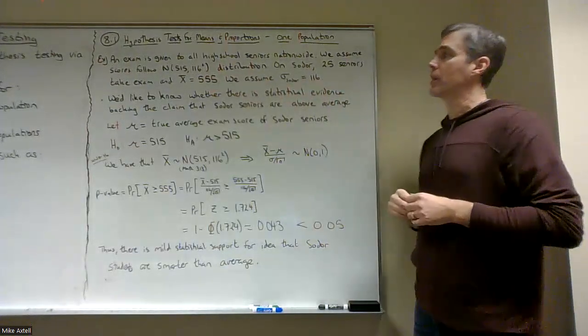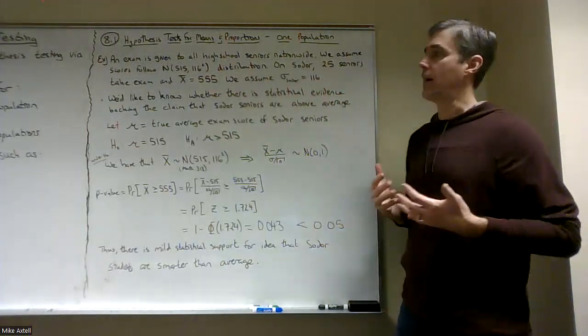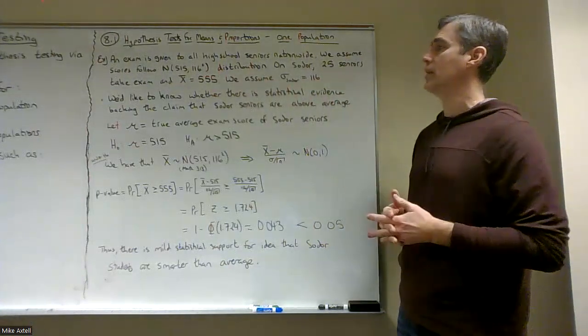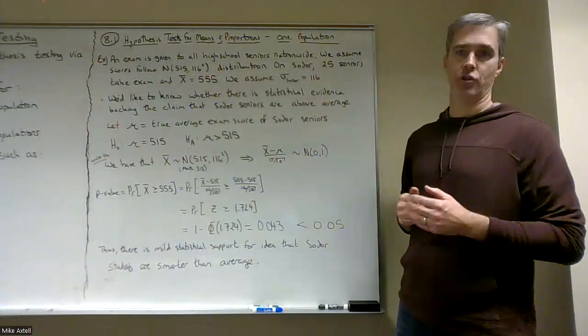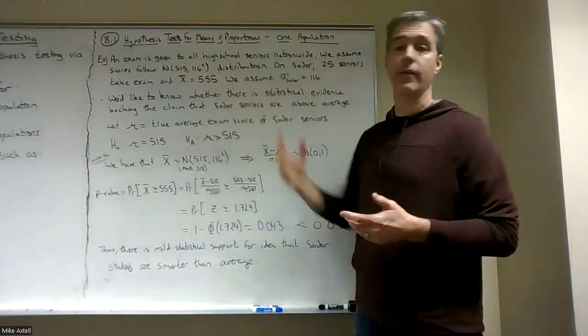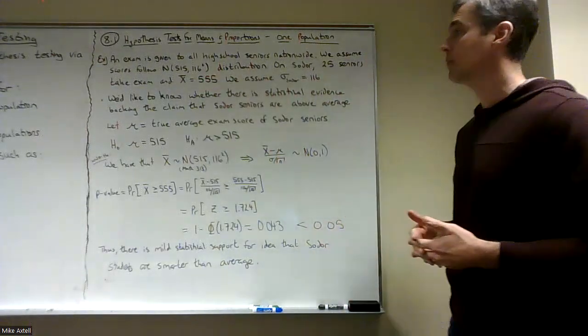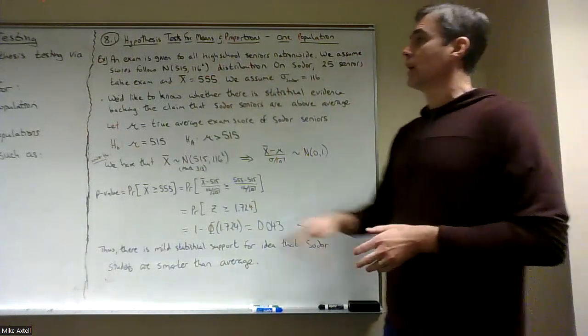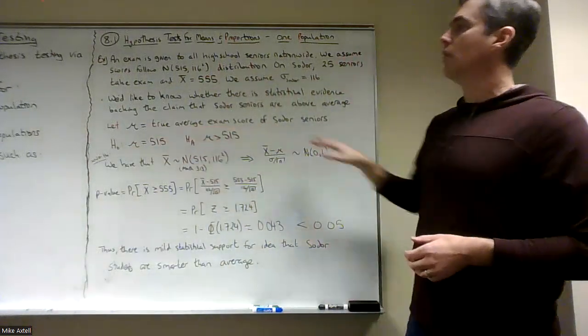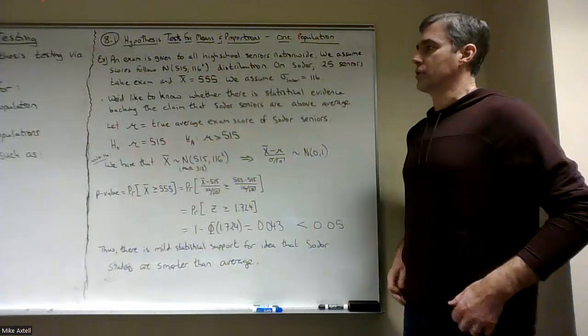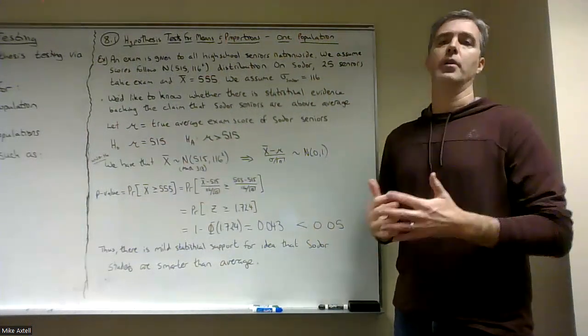Given that, we'd like to know whether we have statistical evidence to conclude that Sodor seniors are above average. It looks like they've scored above average. Does the data really back that idea? Let mu be the true average exam score of Sodor seniors, their true actual ability level.